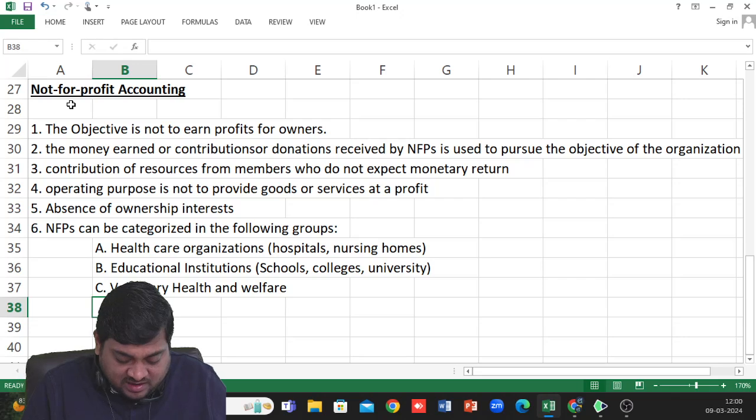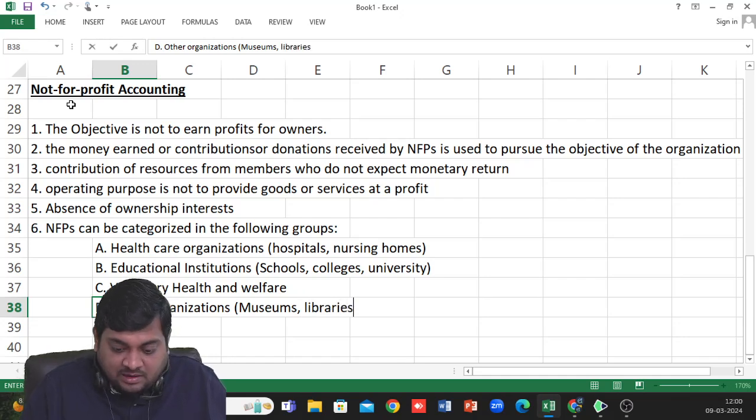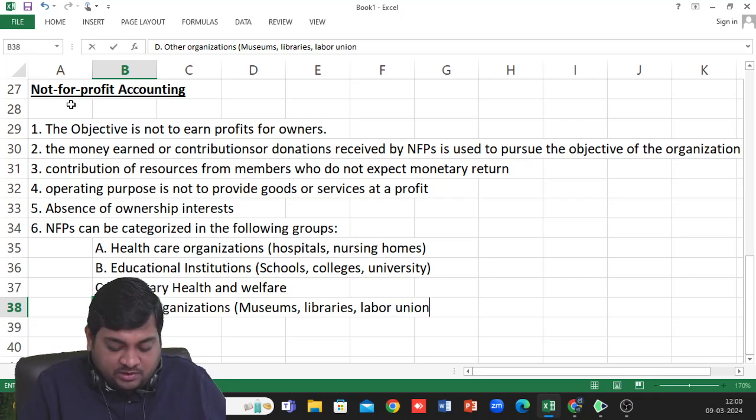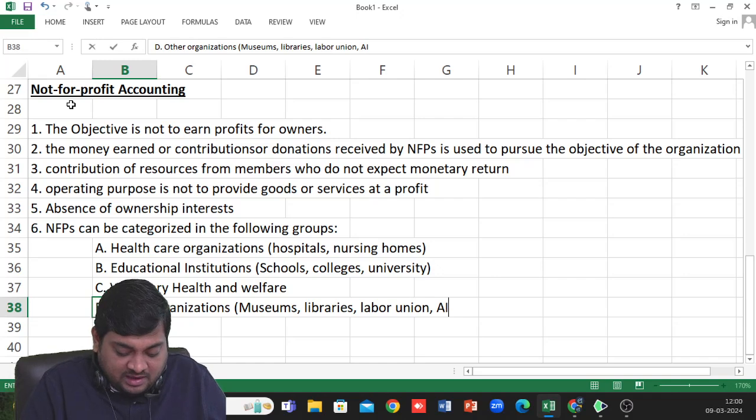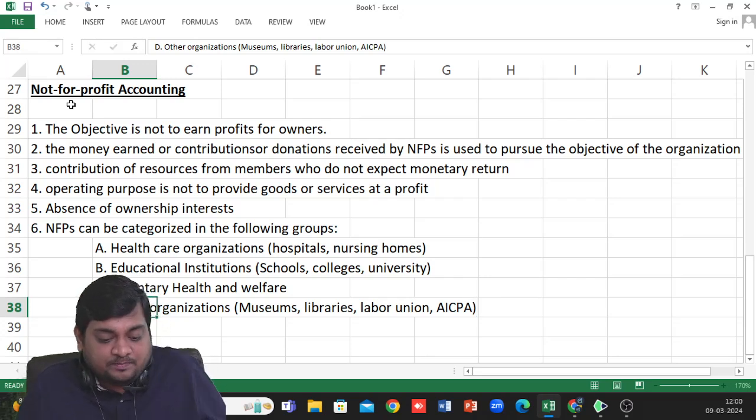So we have other organizations like museums, libraries, then we have labor union, then we have AICPA, professional organizations, all this, right?